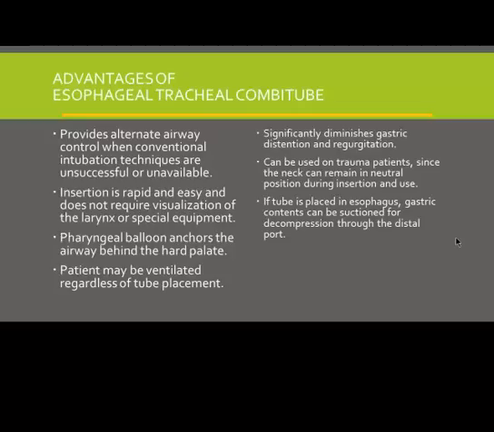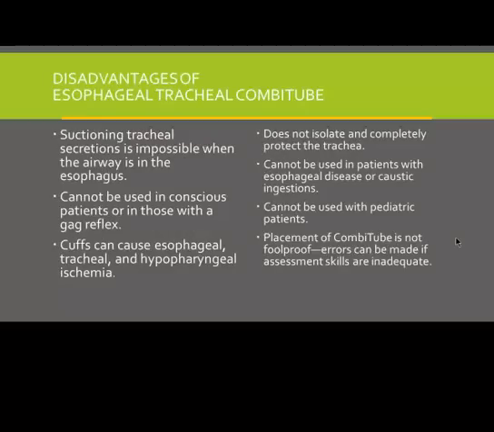You do need to know how your particular blind insertion airway device works because there are several different ones. Of course, there are other disadvantages, such as that it cannot be used in a conscious patient or those with a gag reflex. Let me ask you this: would you be able to get capnography off of a blind insertion airway device? Yeah, you should be able to.